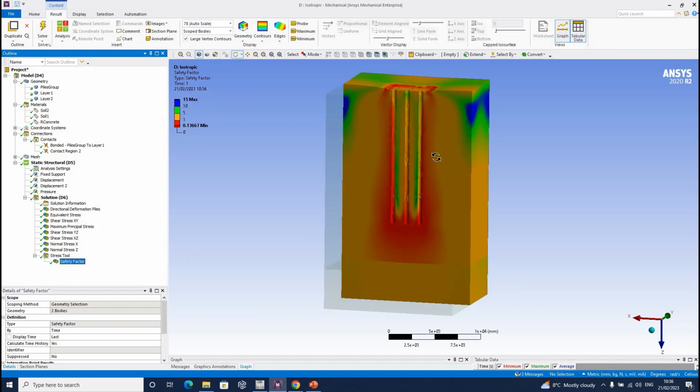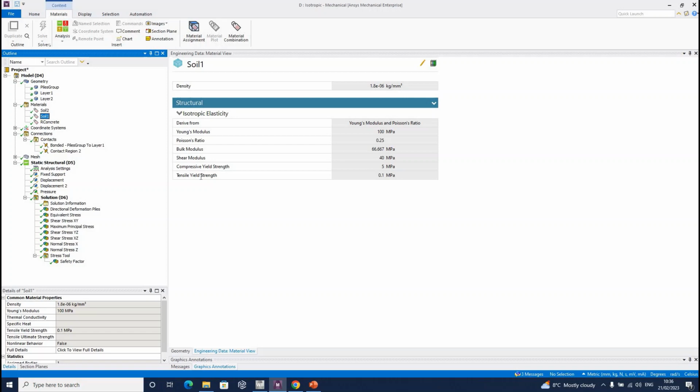And the reason why we say the factor is so bad, let's say, is because in our soil, if you remember, we have set the tensile yield strength as 0.1 megapascals and for the second soil we have set 0.2, so very low values for these yield strengths.